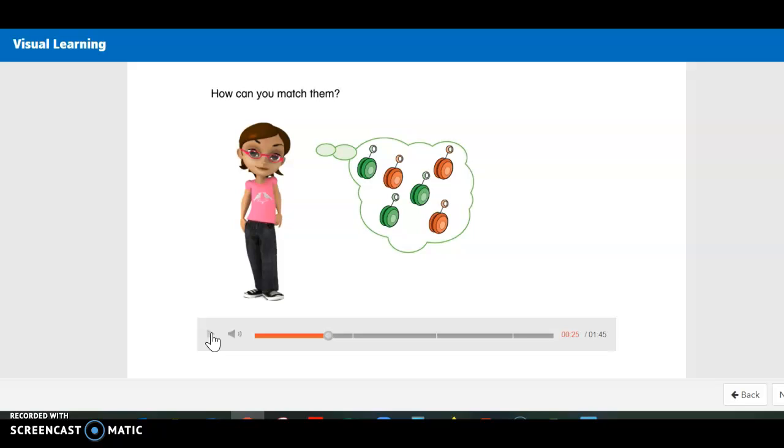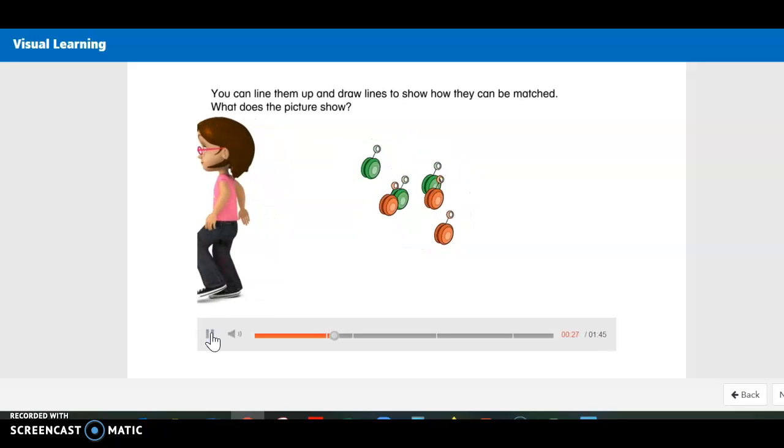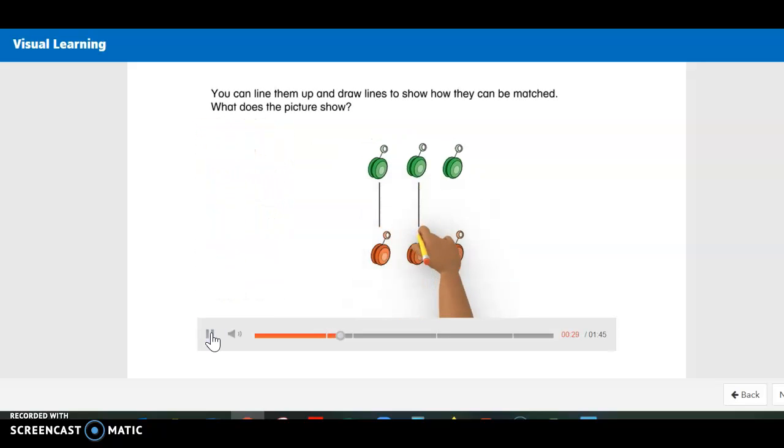How can we match them, boys and girls? How did we do it with our cars before? We can line them up and draw lines. You can line them up and draw lines to show how they can be matched. What does the picture show?